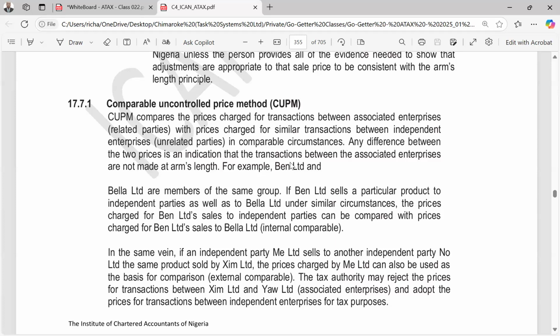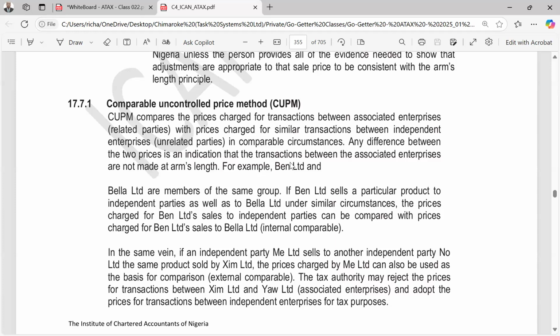The CUP method compares the prices charged for transactions between associated parties, also called related parties, with the prices charged for similar transactions between independent, unrelated parties in comparable circumstances.